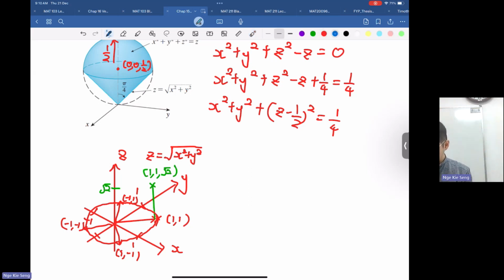Imagine the shape like this, and then like this. Then you can join these circles together to form the cone. Does it make sense?